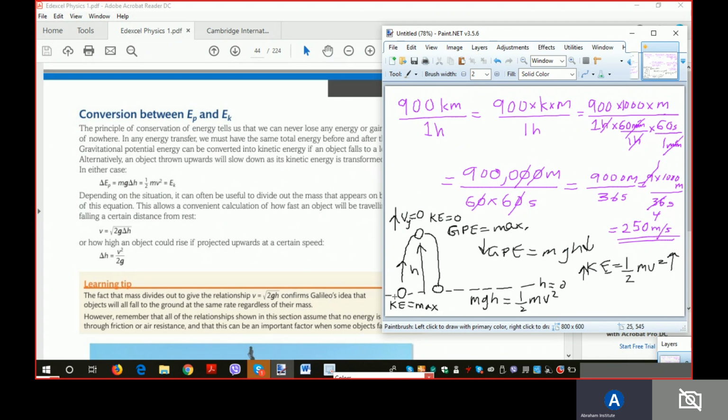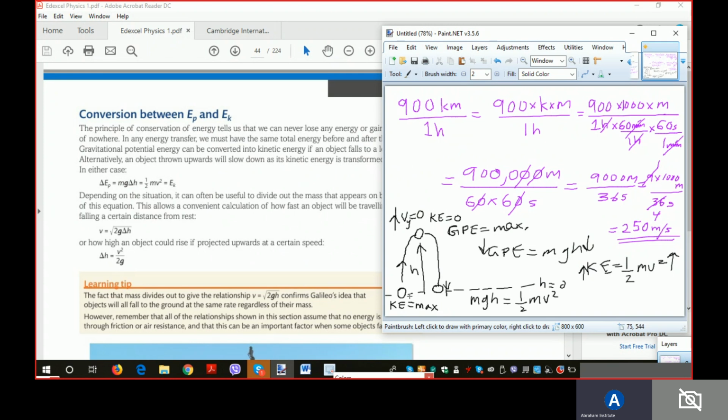Whatever kinetic energy was here totally converts to gravitational potential energy here, because there is no friction or any other forms of energy that it converts to. We assume that.